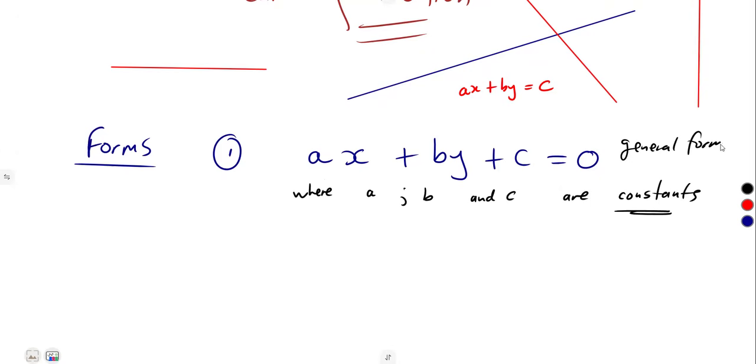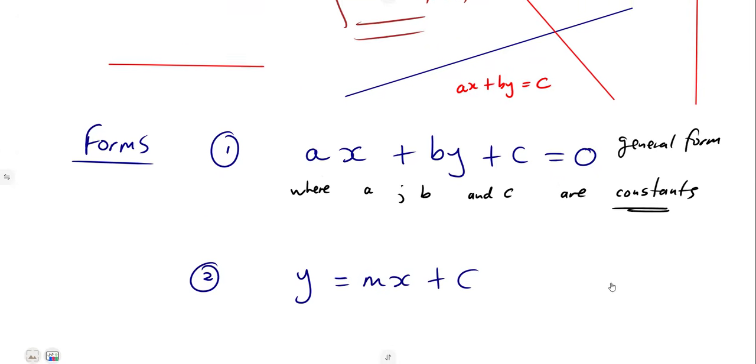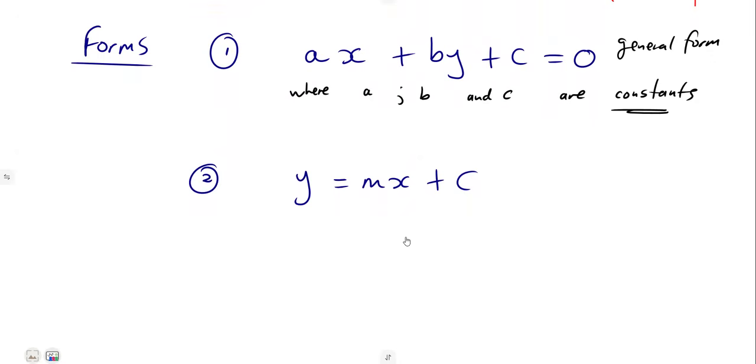Then number 2, we have another way of representing a straight line: y is equal to mx plus c, which is the most used or the most known format. It is not the only format, guys. There are so many. But according to our syllabus, we're just going to indicate 3 ways.